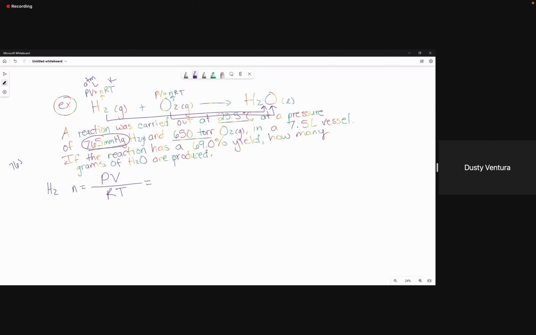So 765 millimeters of mercury divided by 760, that's equal to 1 ATM. ATM values are always small. They're slightly over 1 or slightly under 1. So that's 1.00658.